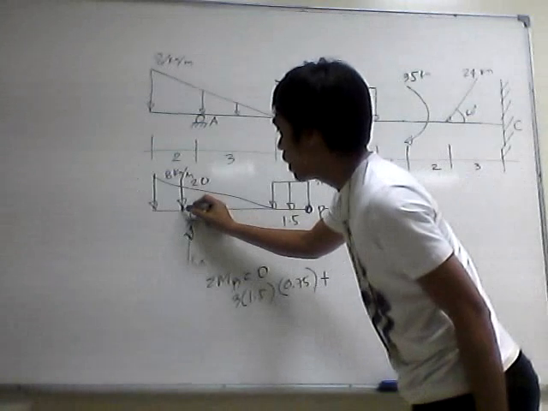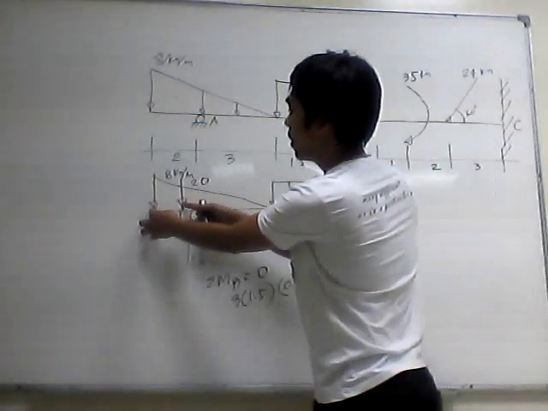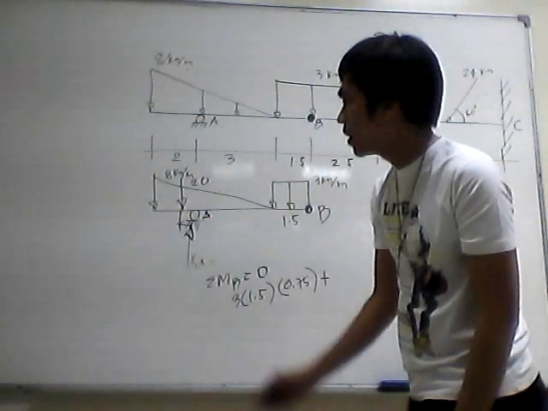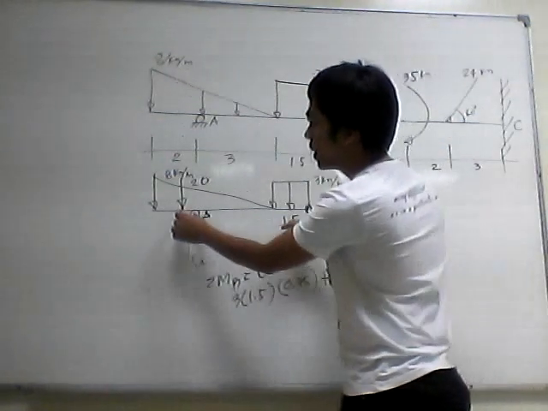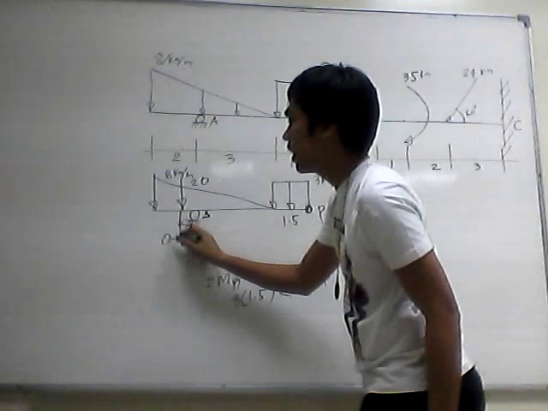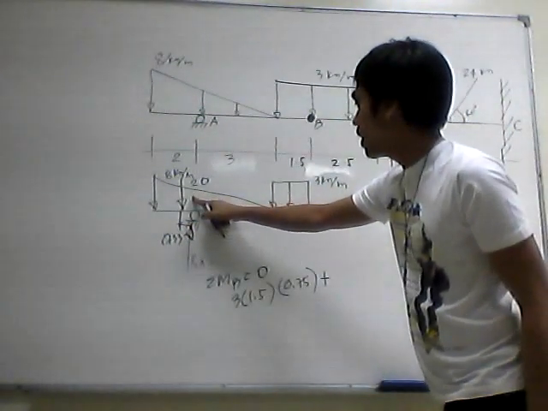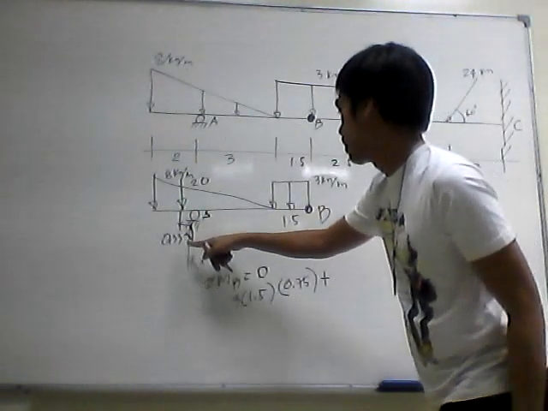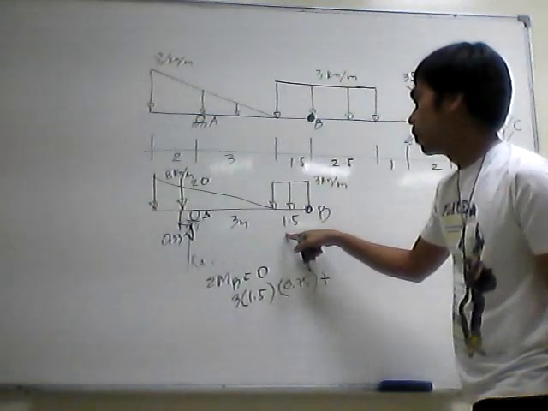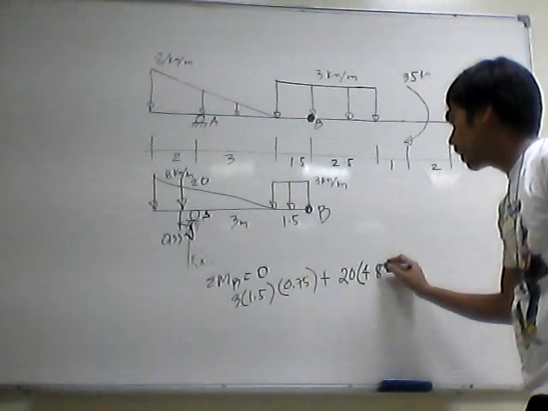And we need this distance. In order to solve for that, we have 1/3 of 5, which is 1.67. Since this is 2, and this is 1.67, we have 0.33 here. So all in all, this 20 is at 1.5 plus 3 here, that is 4.83 meters. So 20 multiplied by 4.83.